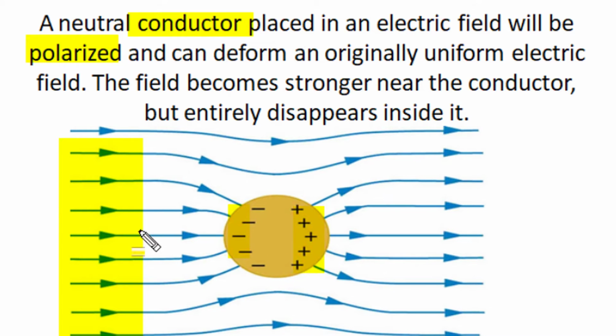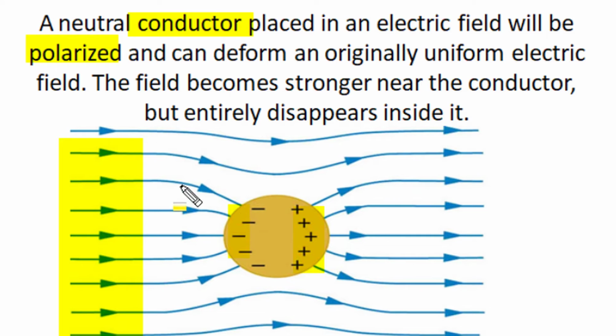In the process, in this uniform electric field, when this spherical conductor is placed, free electrons of one side will shift to the other side, and the concentration of electrons generates a negative surface charge on one side, and deficiency of electrons produces a net excess positive charge effect on the other side.